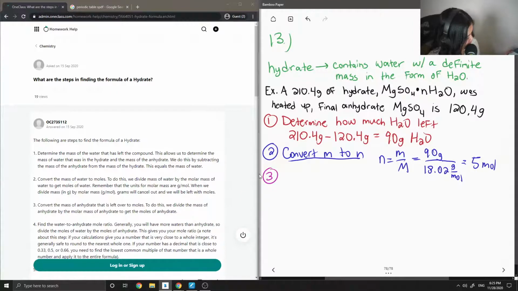So step 3 is to convert leftover anhydrate to moles as well.